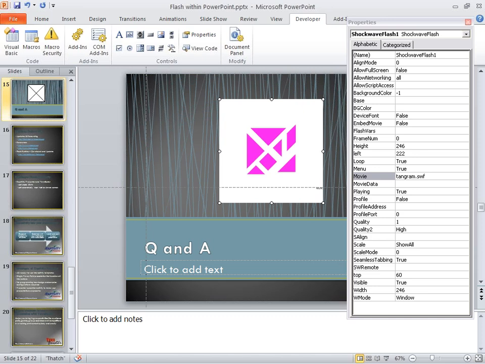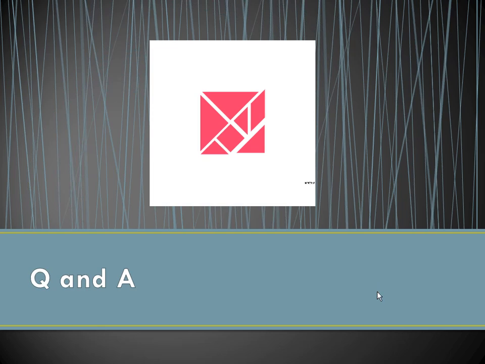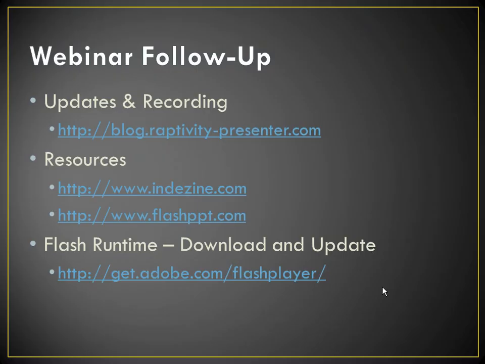I see a question that says I don't have Shockwave Flash as an option in my More Controls dialog. What you have to do is use the URL at the end of this presentation. Let me take you there. Actually, it's just the next slide. This is the URL you have to go to, Flash Runtime download and update. Get into Internet Explorer and click this link, or you can save this link and make a note of it.